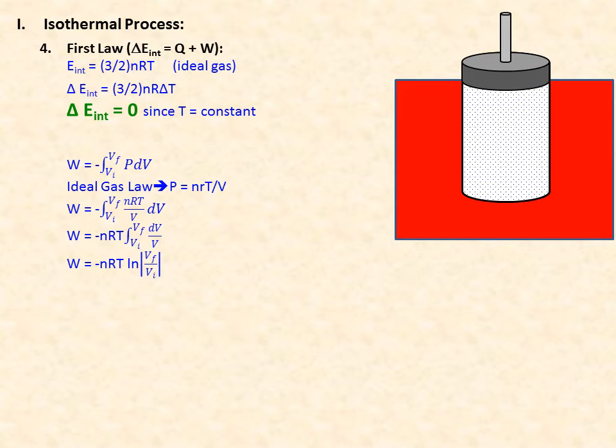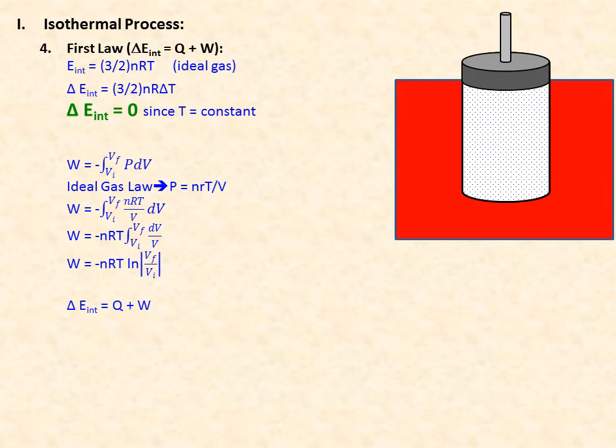Likewise, if we're talking about an isothermal compression, so that the final volume is less than the initial volume, the natural log term is negative, which makes our work expression positive. In other words, we get positive work being done on the system. Work from an external agent must be done on the system to force the piston to reduce the volume of the gas.